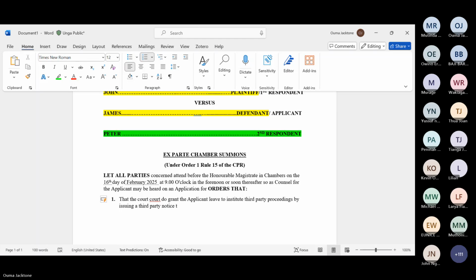To the second respondent, who is Peter, second respondent. You don't have to say anything else. To the second respondent, full stop. Okay? The other prayer you're going to pray for is just costs of the application.